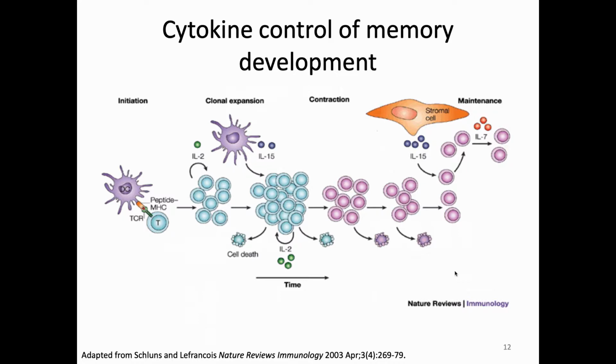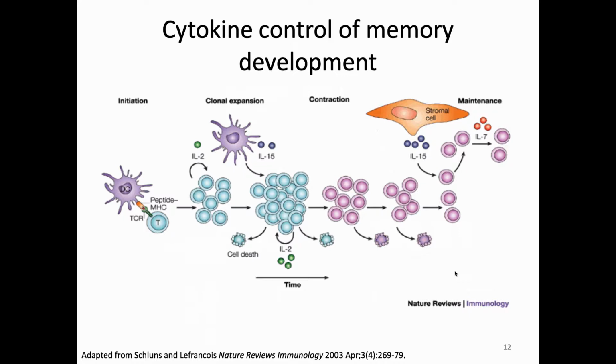And so we can see a number of cytokines that are really important, especially for memory CD8 T cells, like IL-2 and IL-15 that can help the expansion and differentiation of these cells, and then IL-15 and IL-7 that can actually help for the maintenance of these cells and allow them to live a long time.